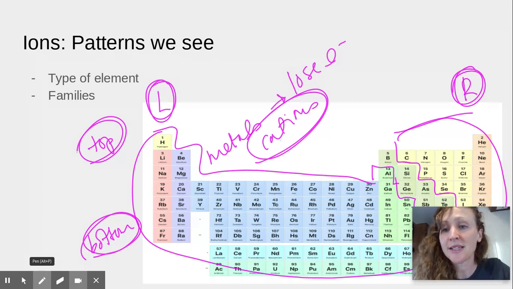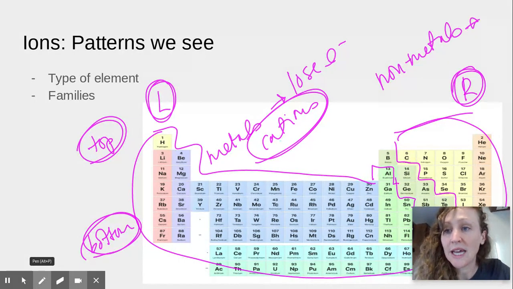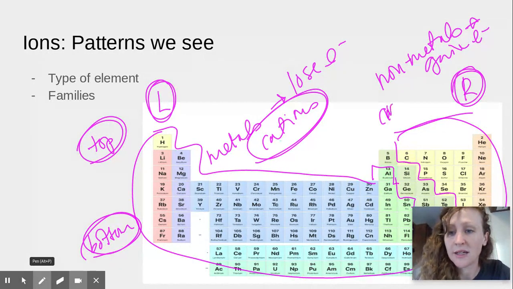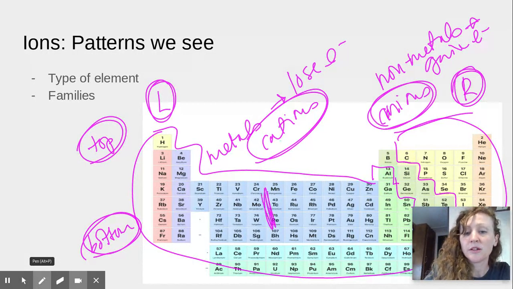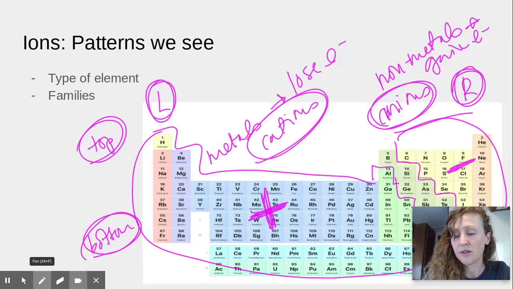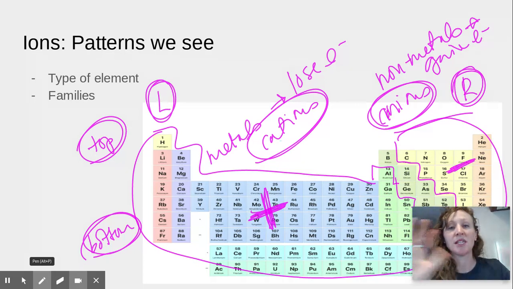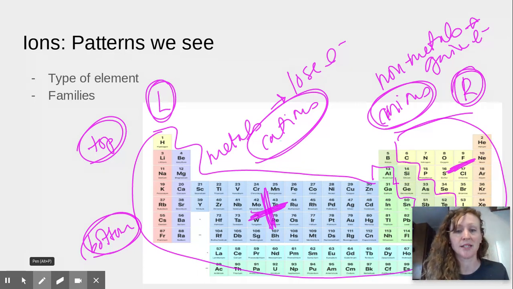And so it makes sense that the nonmetals would gain electrons and form anions, which is what they do. Most metals form positive ions. Most nonmetals form negative ions. We see this definite pattern within the types of elements on the periodic table.